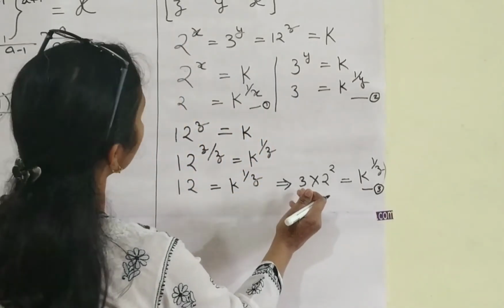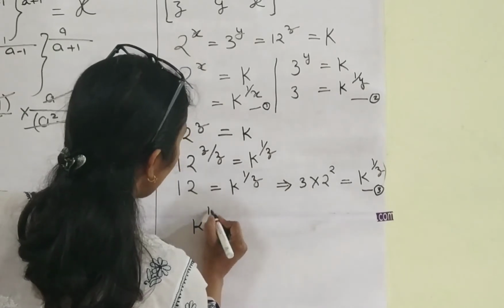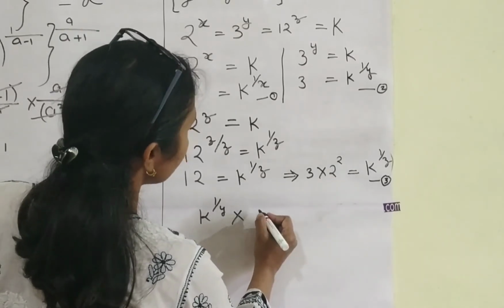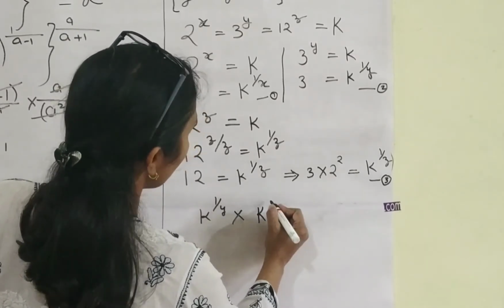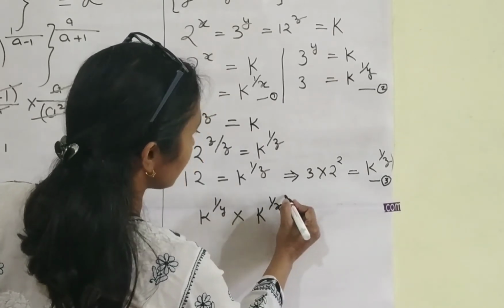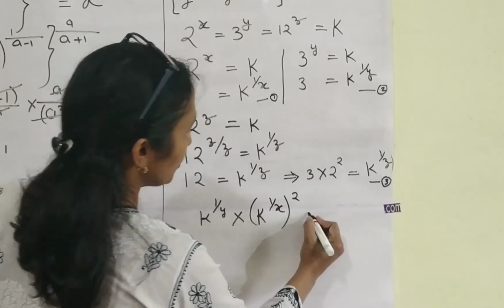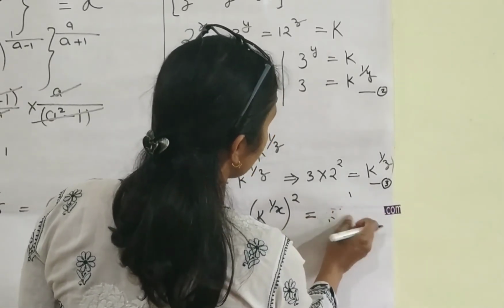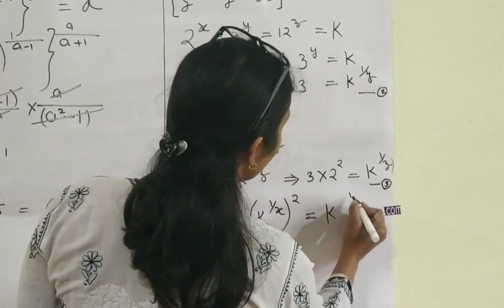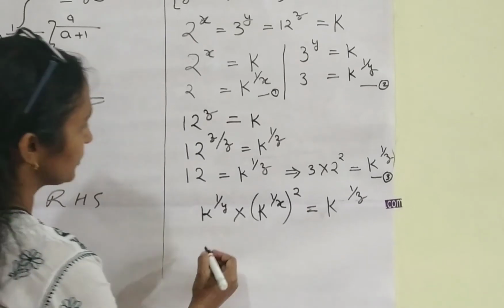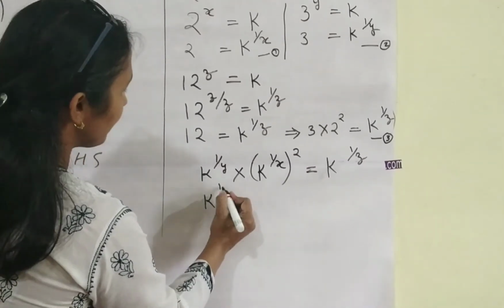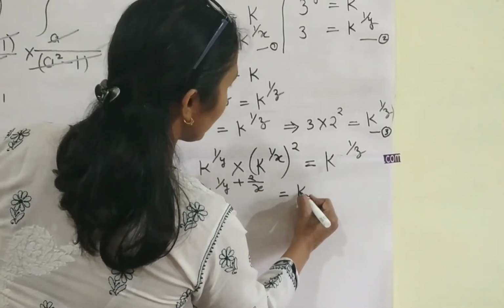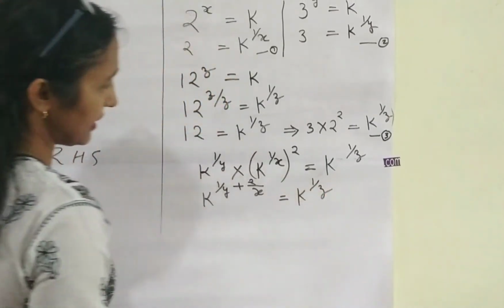So the value of 3 is k to the power 1 upon y, into the value of 2, which is k power 1 upon x, whole power 2, equals k power 1 upon z. So it will become k power 1 upon y plus 2 upon x equals k power 1 upon z.